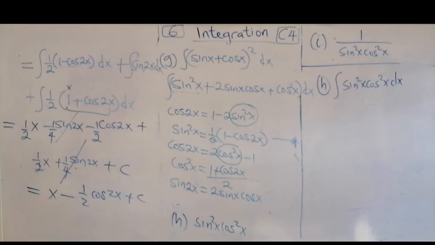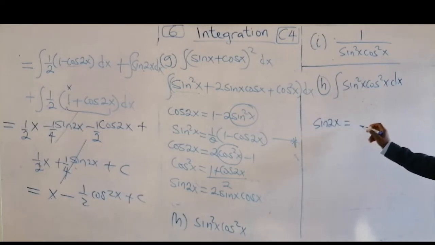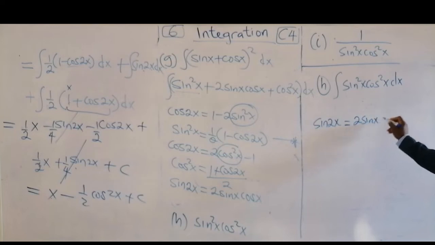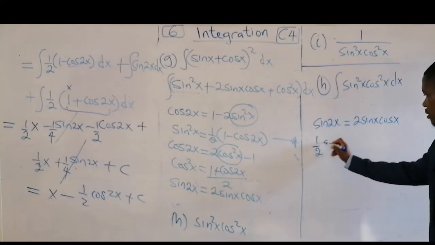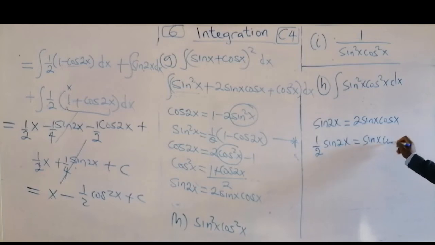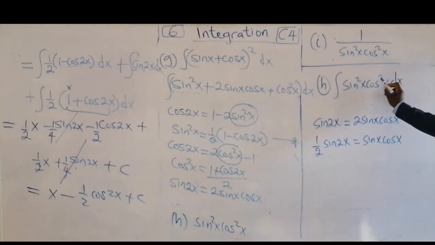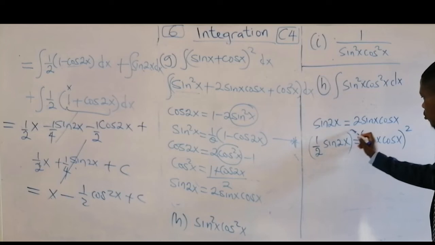So what we do, we know that sine 2x is equal to 2 sine x cos x. Okay? Then we can move the 2 to the other side, and 1 over 2 sine 2x is equal to sine x cos x. Then, because of the square here, we can square this, and the same thing here also.